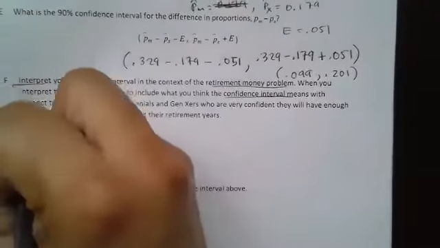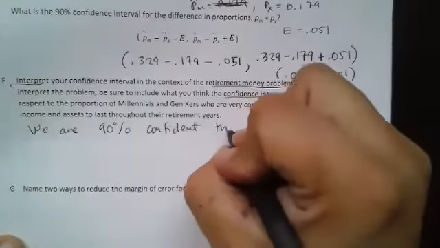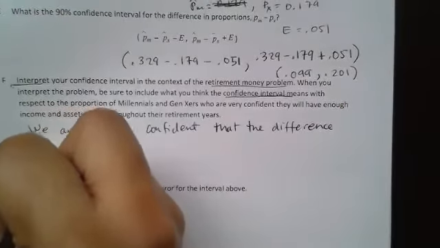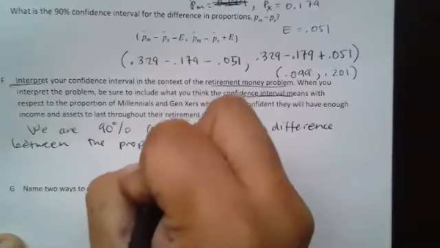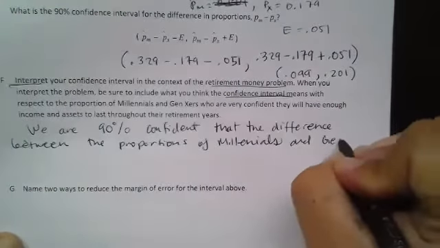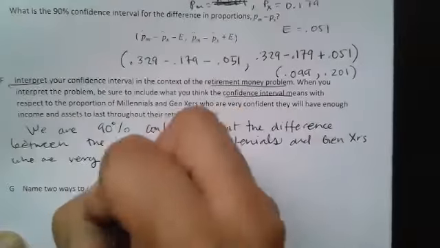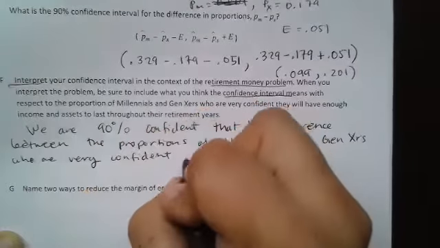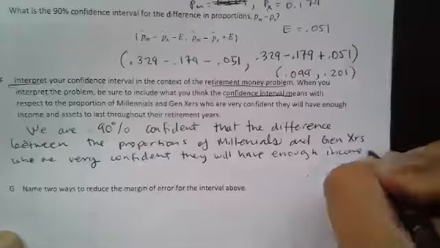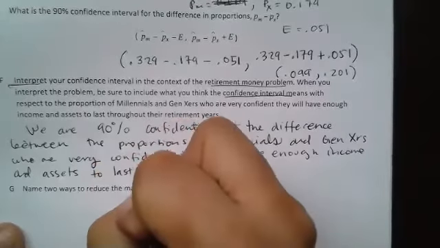So we say we are 90% confident, and because we're studying the difference, the difference between the proportions of millennials and Gen Xers who are very confident they will have enough income and assets to last through retirement.